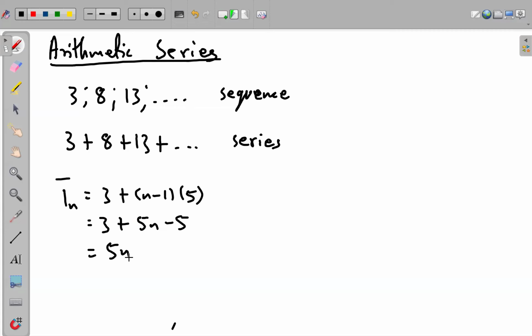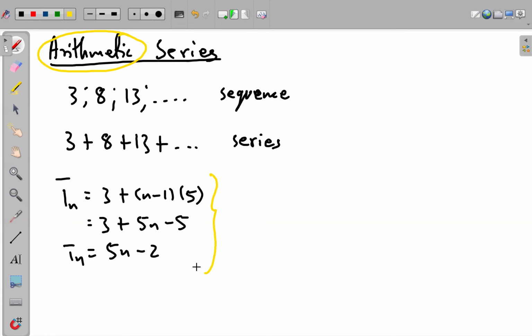So we end up with 5n - 2. Whether we are dealing with a series or a sequence, for as long as we are told that it is arithmetic, oftentimes we will need to find the general term. And you can always use this formula.